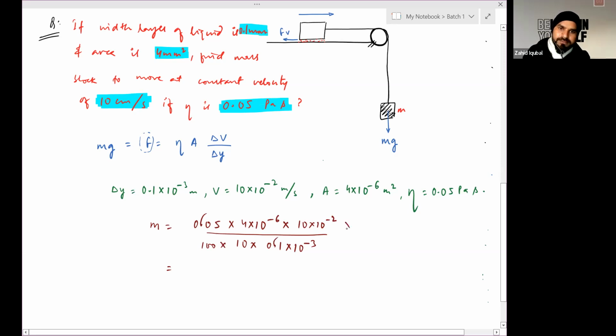This decimal, 10. This part and this part will cancel out. 4 into 5 is 20, divided by 10. 10 to the power minus 6, 10 to the power minus 2, divided by 10 to the power minus 3. This 0 and this 0 will cancel out. So it will be 2 into 10 to the power of minus 8 plus 3, that is minus 5 kg.